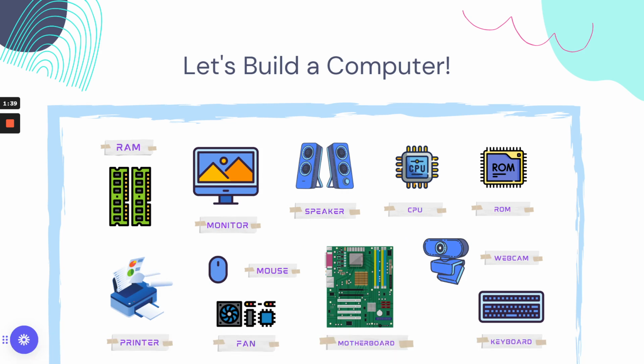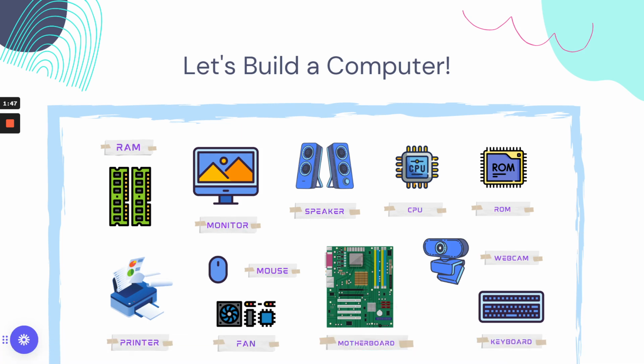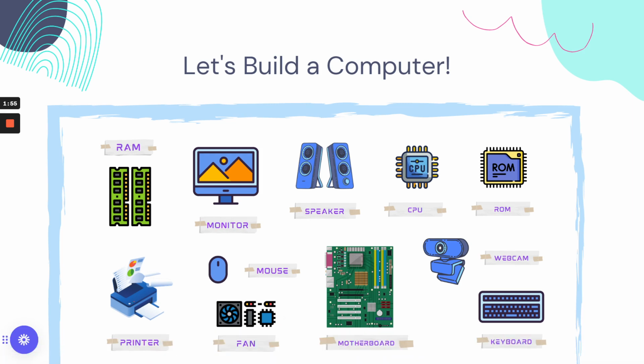As for the internal devices, here's the motherboard, as you can see here. The fan is basically to cool down the computer when the RAM or processing unit is using up too much power and heating up the computer.